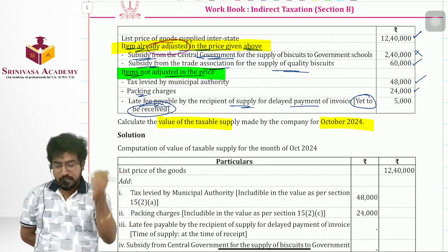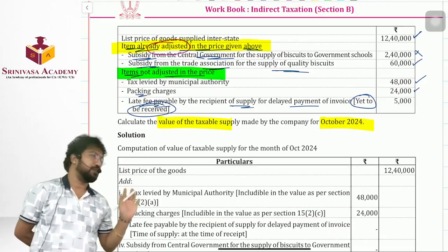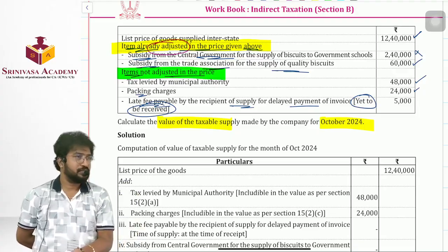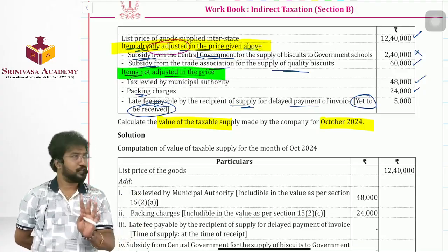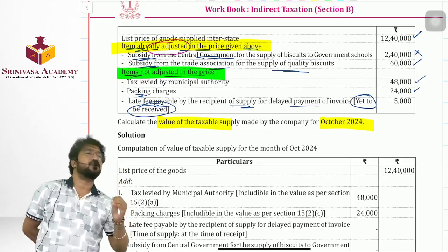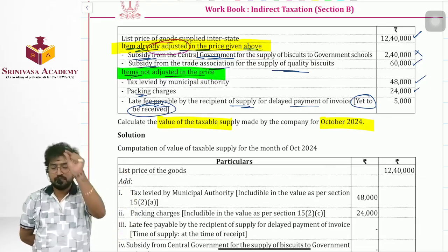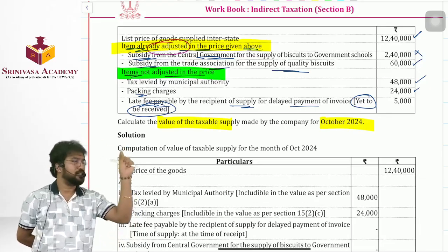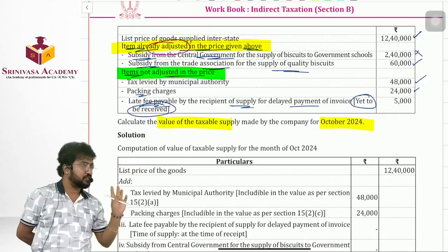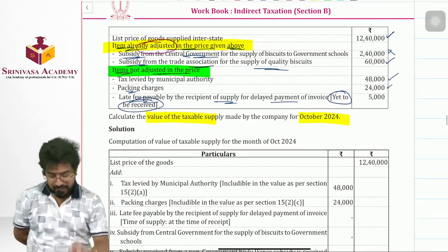In the exam, in the worst case, if they ask like this, you go with their same pattern, because we are not in a position to fight with them. We want marks, that's all. After the solution is over, write a note there: it is assumed that items already adjusted in the price given above are not included in that list price, for the safe side. Okay, clear.